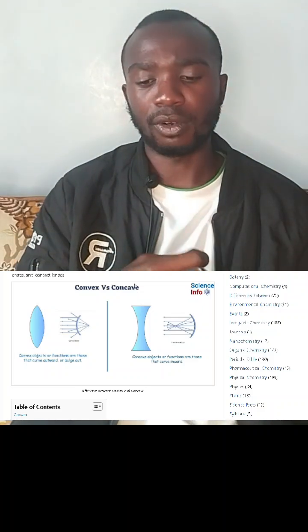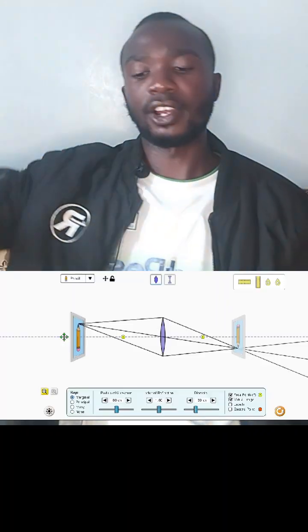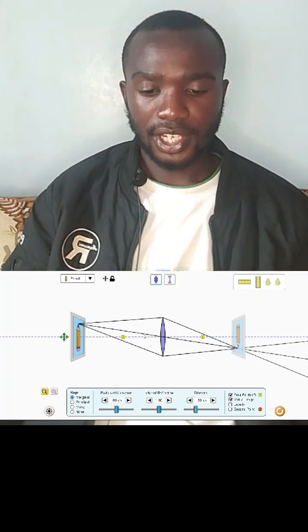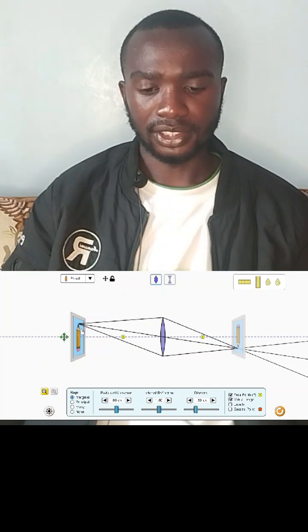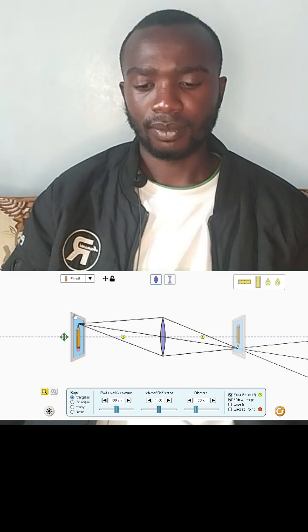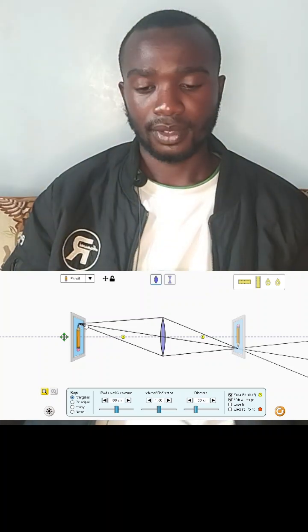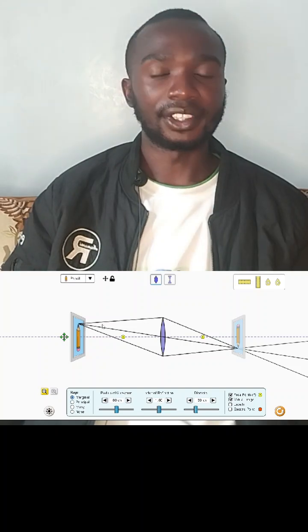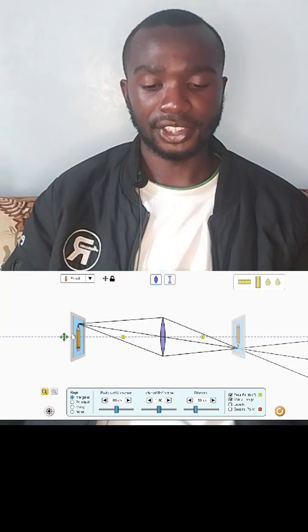So tujue hiyo jina la convex na concave ilitokea wapi. Haya, wacha tuanze na convex lens. So hii hapa is the convex lens. So tukiangalia hapa, tuko na pencil, the object. So hii pencil kuna line tatu zimetoka kwa pencil zikikuja kwa lens. So these 3 lines, these are called the rays.